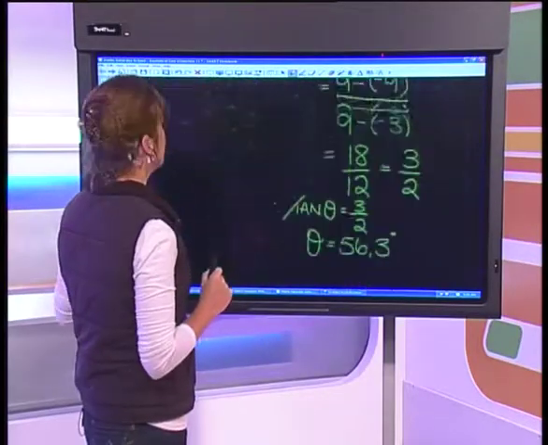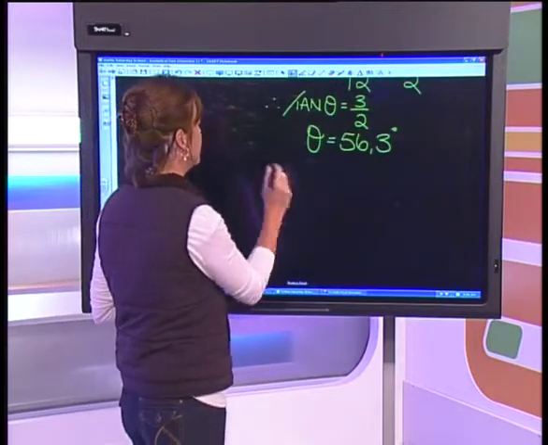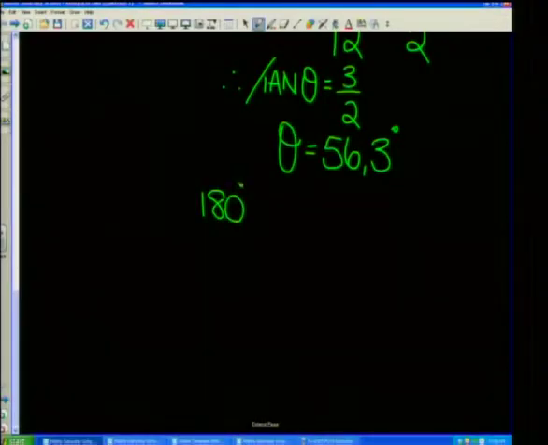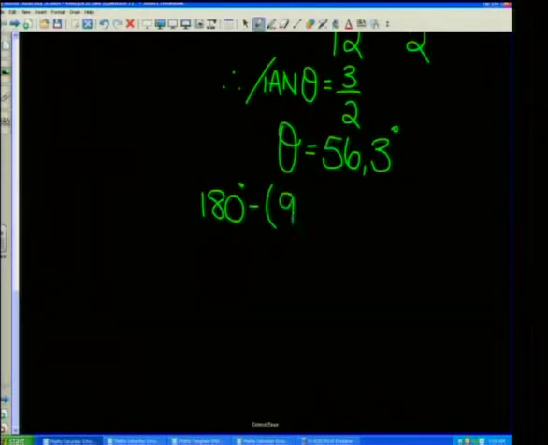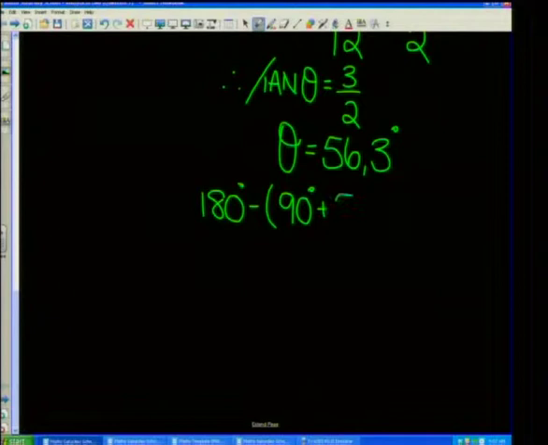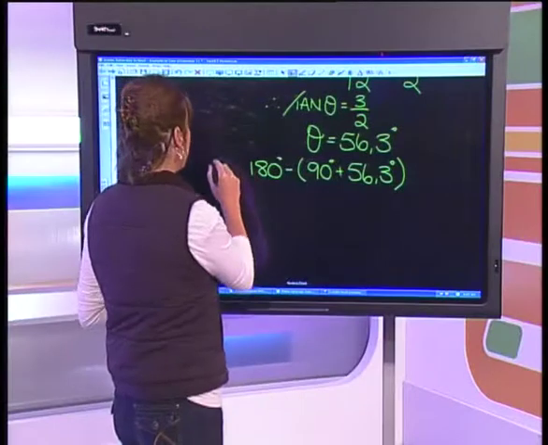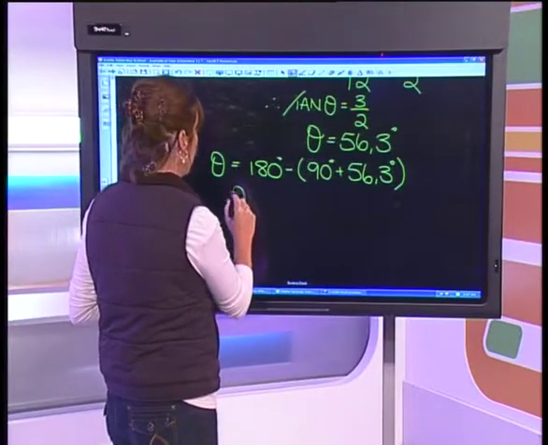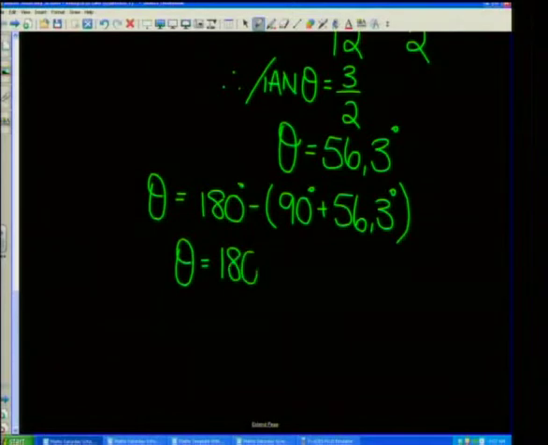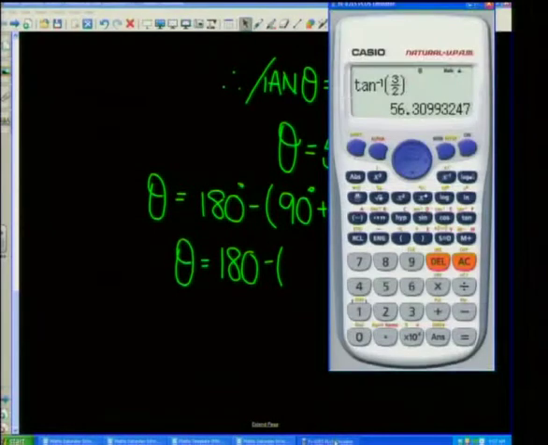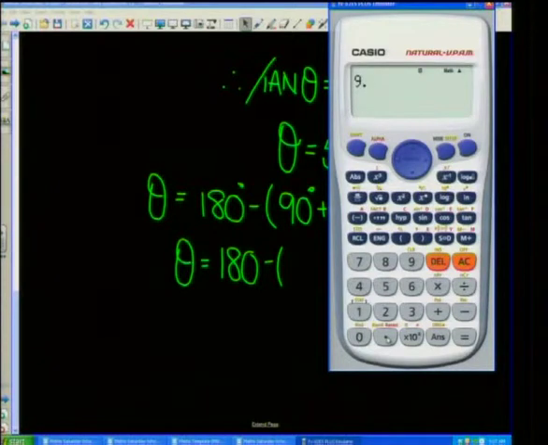So our final calculation to find our theta is going to be this. We are going to say 180 degrees minus the 90 degrees that is at the origin, plus the 56.3 degrees that we found in our previous working out. And that is going to equal the missing angle of theta. So 180 minus, let's quickly work out 90 plus our 56.3, and that is giving us 146.3.